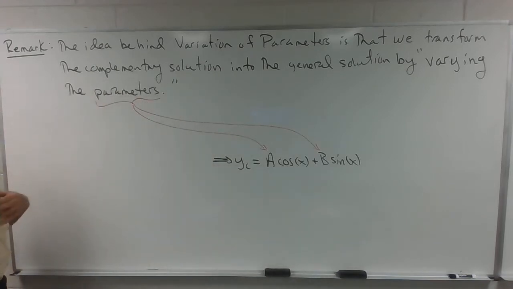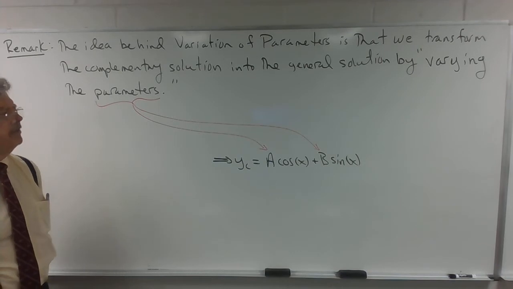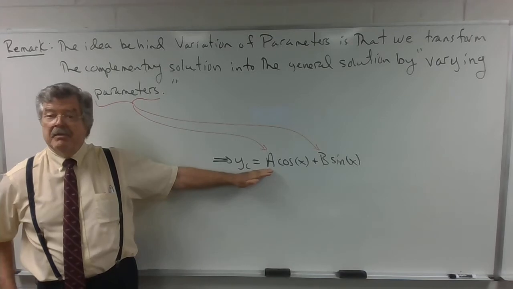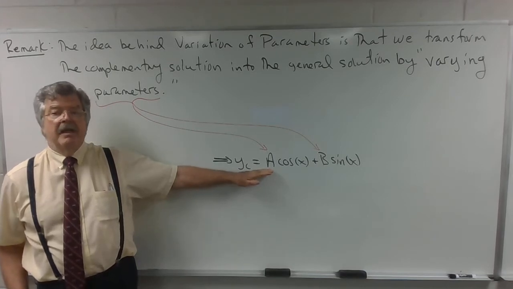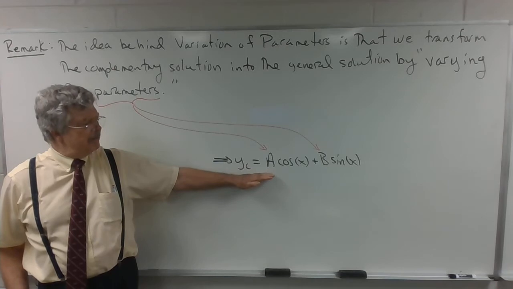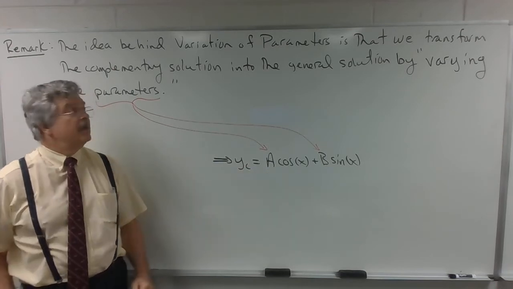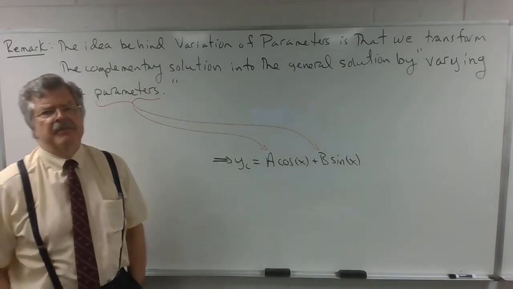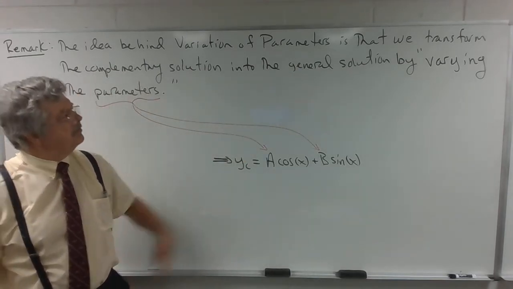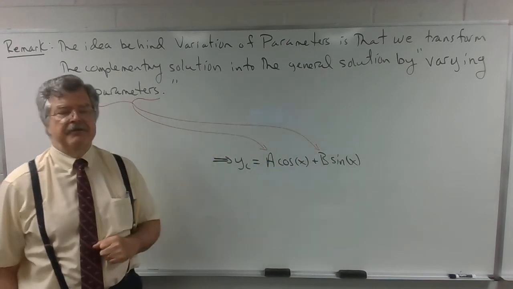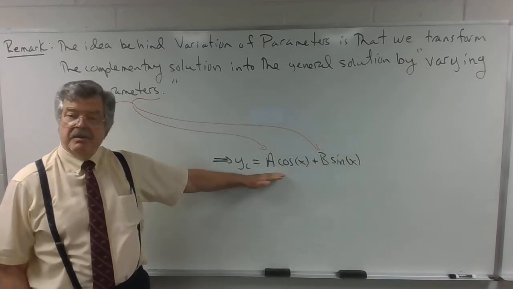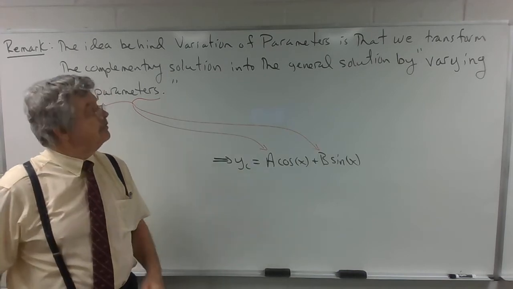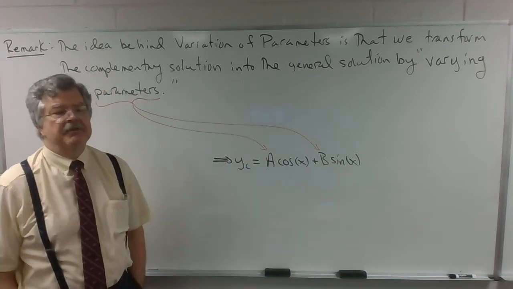Okay, this is the whole idea behind variation of parameters. We get the complementary solution. And we remember that the complementary solution is part of the general solution of the original differential equation, because we get the general solution by taking the complementary solution and adding to it a particular solution of the original differential equation.